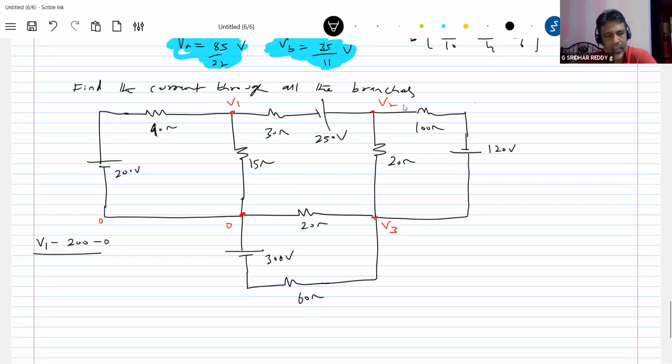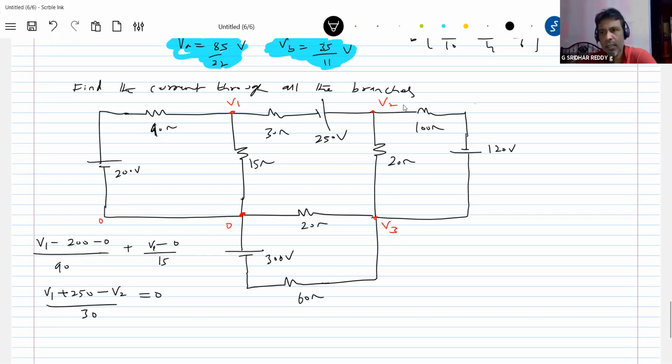You write 0 better, you'll get the exact picture. Means I'm taking this branch. V1 minus 200 by 90 plus V1 minus 0 by 15, plus V1 plus 250 minus V2 by 30 equal to 0.